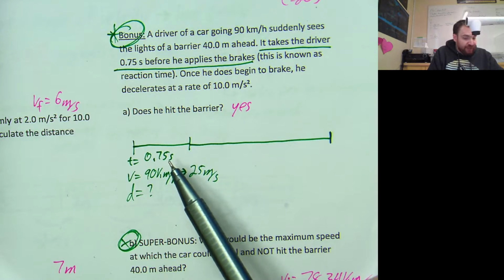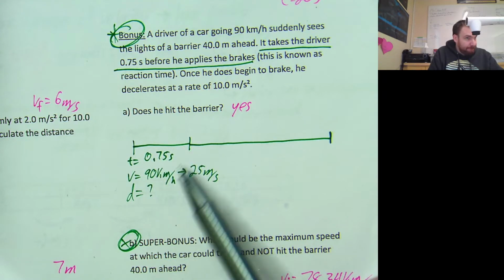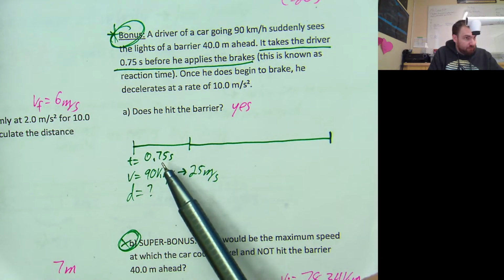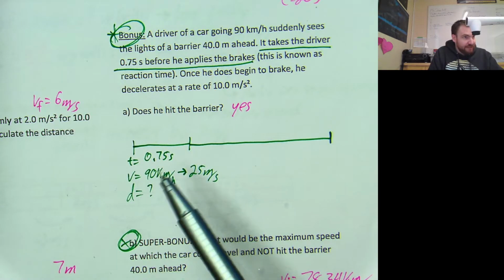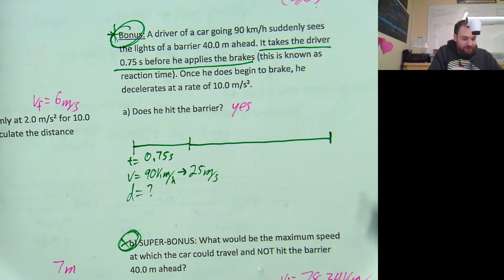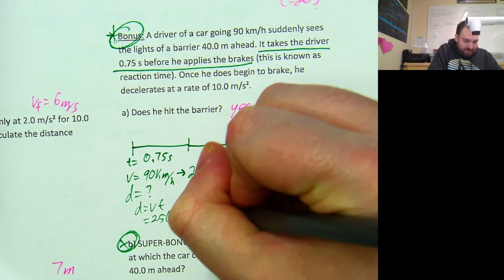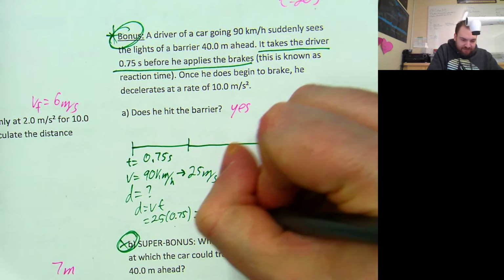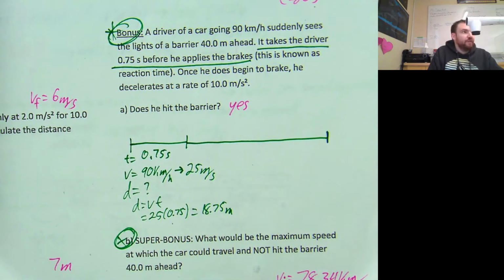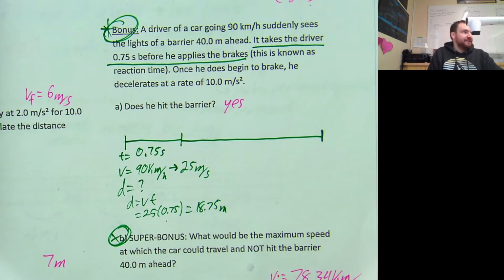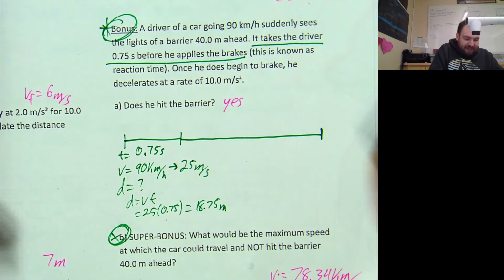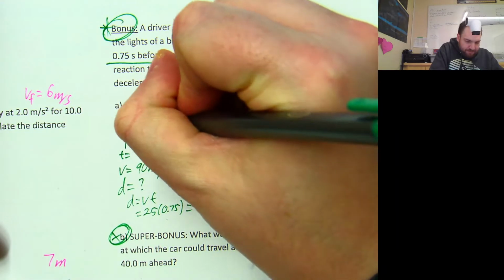No. So which equation am I going to use for this time? D equals, Manuel? Velocity times time. There's no acceleration, it's just that constant piece. So we got D equals vt. V is 25, t is 0.75, so 3/4 of 25 is 18.75 meters. It's not looking good for Buddy Guy here. He's traveled almost half the distance and hasn't yet made an effort to slow down. This is bad news. So now, the second half of the question, so this is 18.75 meters.